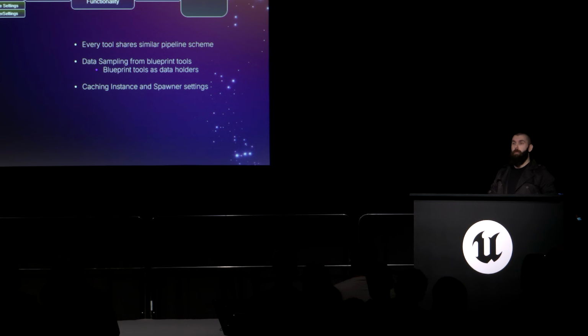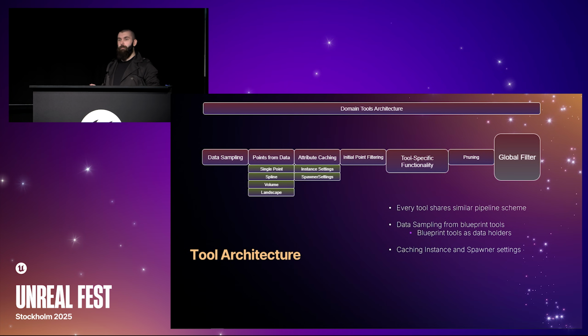Then another thing that is sampled from that data is two types of settings: the instance settings from the domain instance settings data asset, and the spawner settings, which are all cached as a point attribute inside the PCG. Then after all that composition has been done, we go through an initial point filtering like layer filtering, slope filtering, and such. And then we go through tool-specific functionality like surface snapping, clustering, etc.